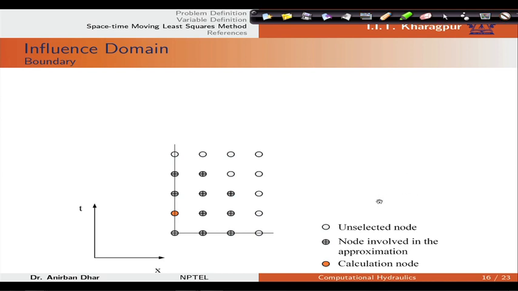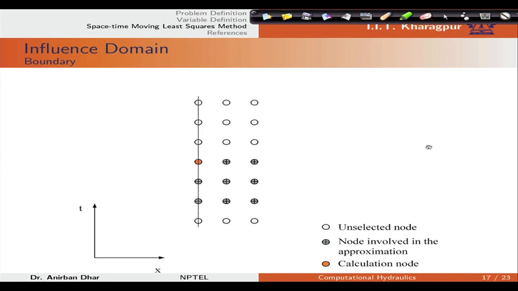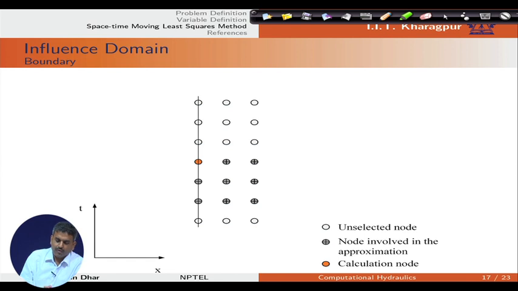Similarly, this is the extreme case where we have a 0 0 point available here, time is starting from 0 and space is also starting from 0. Now, if we have another case where x is 0, but time is not 0, it is on the t axis, but we are considering multiple time levels.